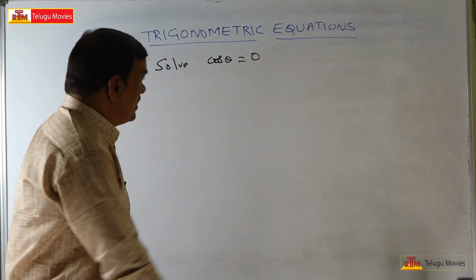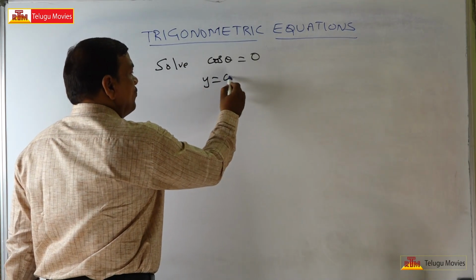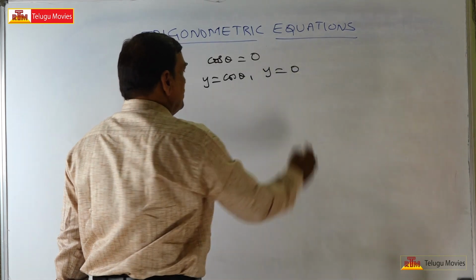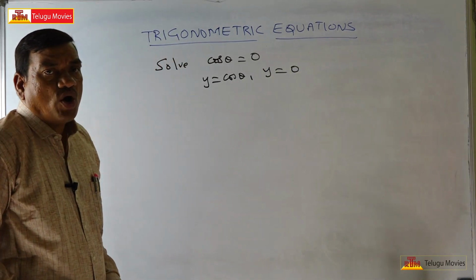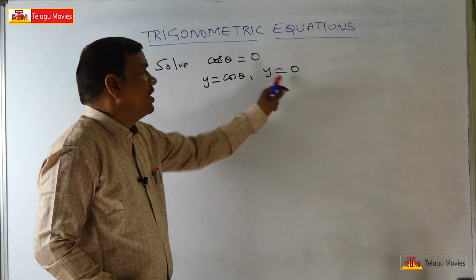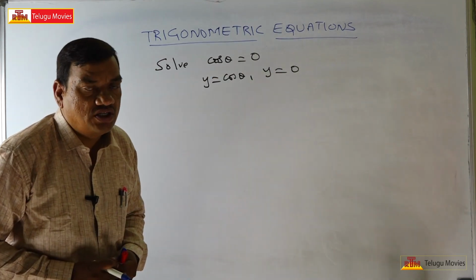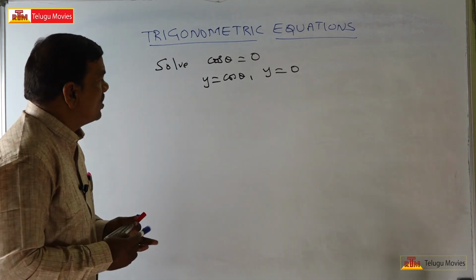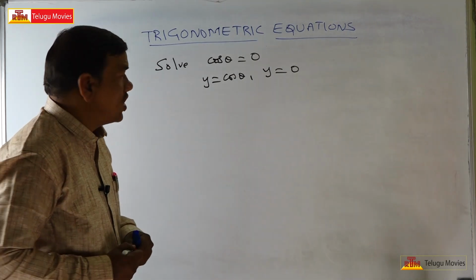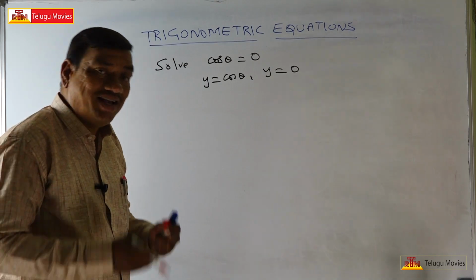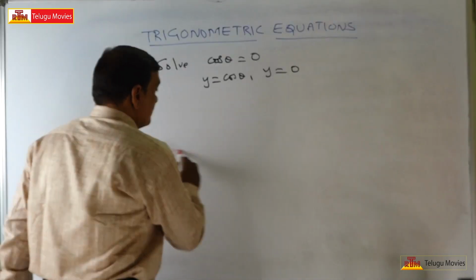Now for this I will draw the graphs of y is equal to cos theta and y is equal to 0. The points of intersection of these two curves give the solutions of cos theta is equal to 0. So let us draw the graphs of y is equal to cos theta and y is equal to 0 in the same graph.